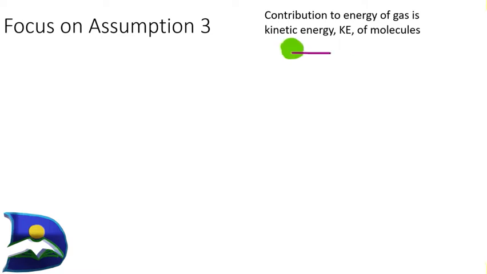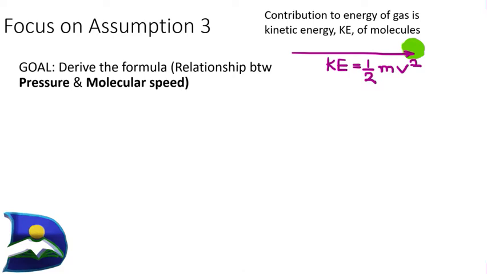Here we express the kinetic energy to be half mv squared, and our goal for this video is to derive the formula that shows the direct relationship, don't forget that, between pressure and molecular speed.